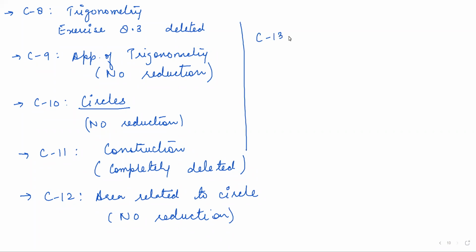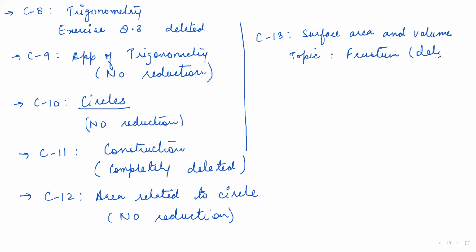Then chapter 13, which is surface area and volume. The topic which is frustum is deleted from the syllabus. Based upon this, exercise 13.4 is deleted.